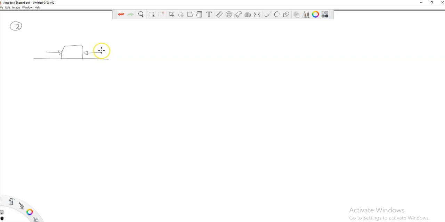Things will remain at rest unless there's a net force, right? But now, instead of applying a force, I'm going to tilt this line. It's like placing something on an inclined surface. So here we have the box.